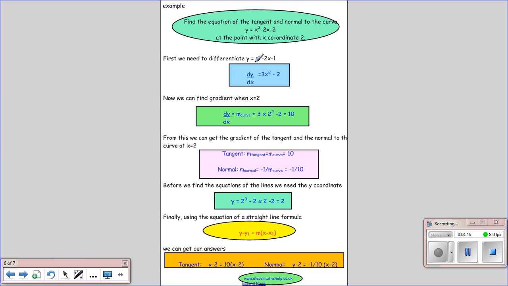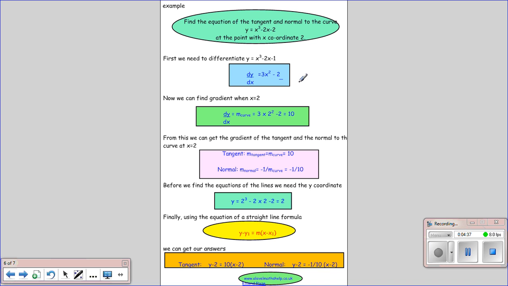So when we differentiate x cubed, we multiply by the 3. And then we take 1 from the 3 to give you 2. When we differentiate minus 2x, we get the minus 2. And when we differentiate the constant, the minus 1, that goes to 0.